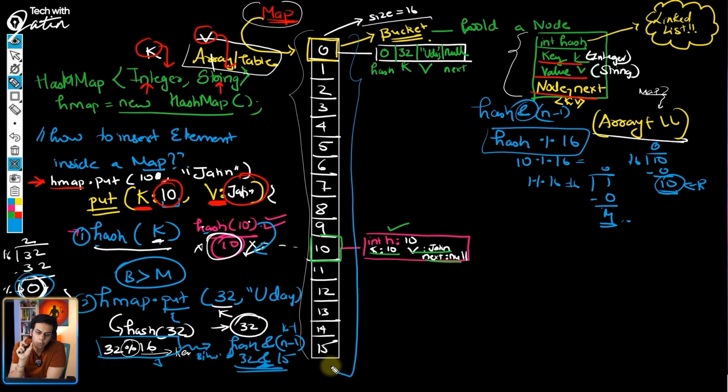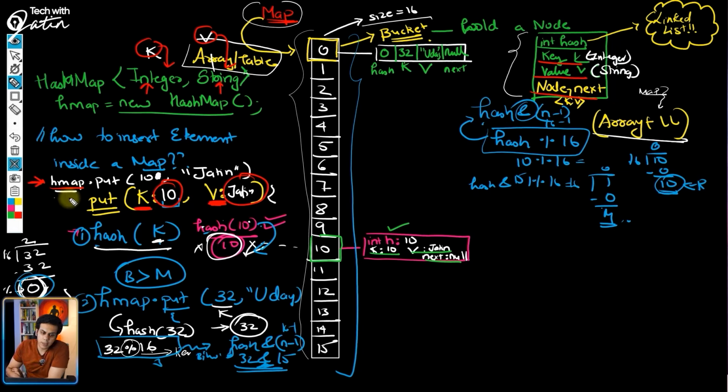We need to bring it down to something which can fit within this particular range. That's the reason we do hash modulus 16, or I would say hash bitwise AND n minus 1, that is 16 minus 1, that is 15. So hash bitwise AND 15. That's how the entries are getting stored over here.